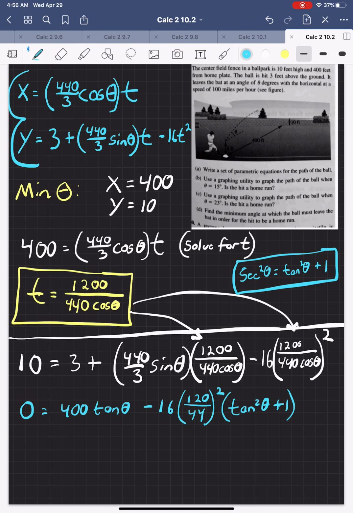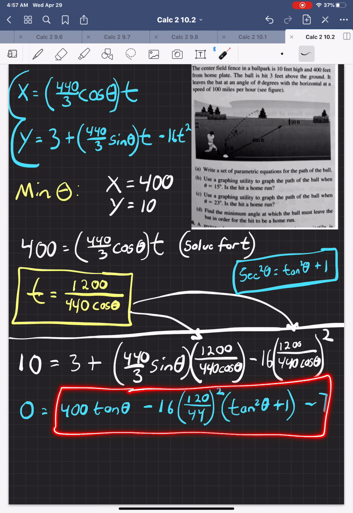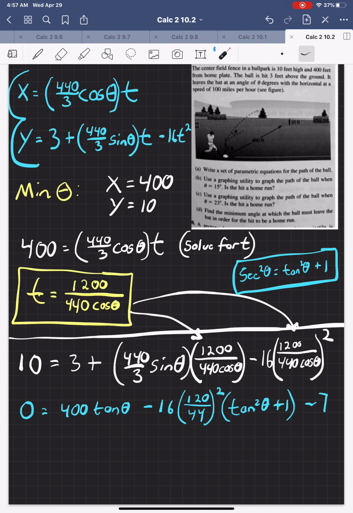So if I subtract 7, I would have it set equal to 0. And now listen to me. You would distribute out here, then you would combine like terms. And when all is said and done, you would end up with a quadratic.